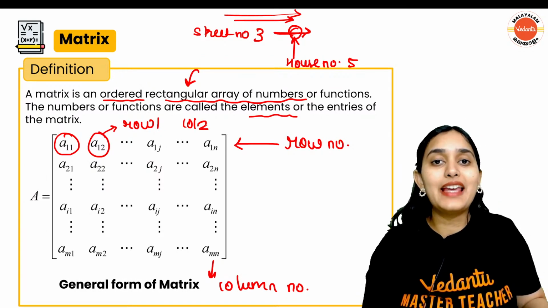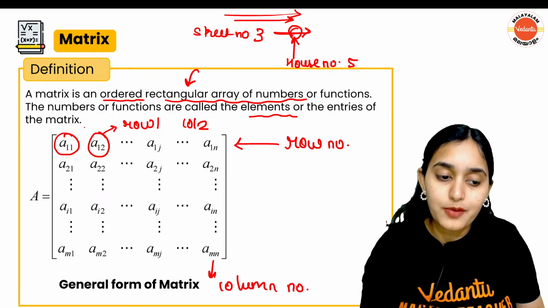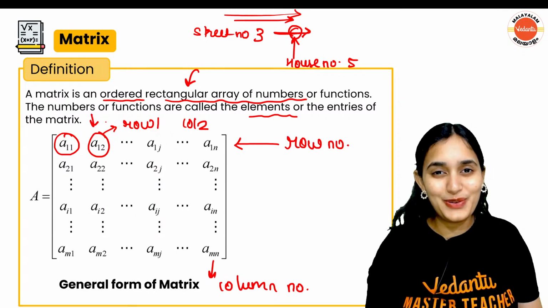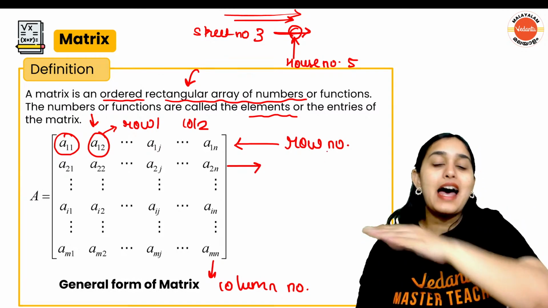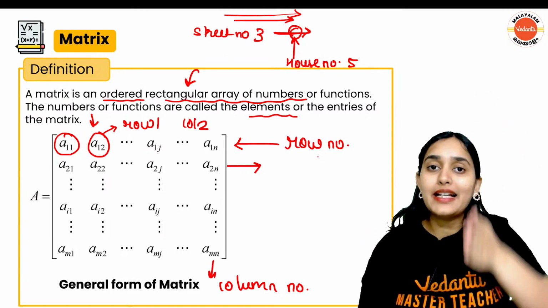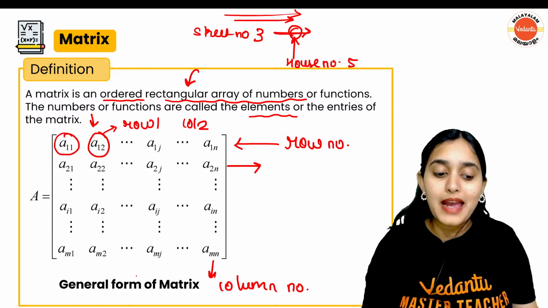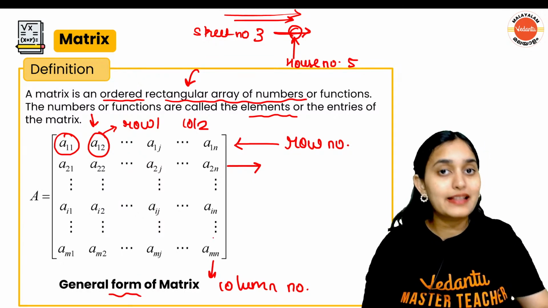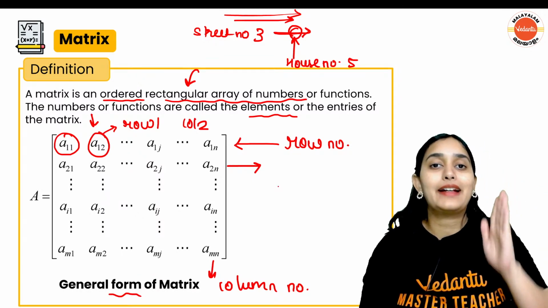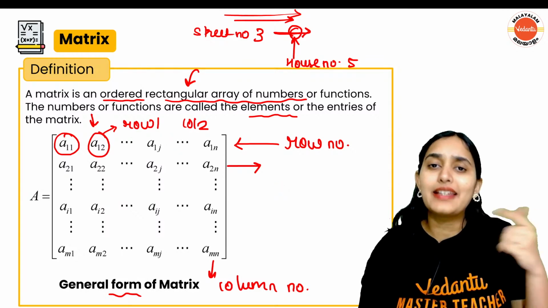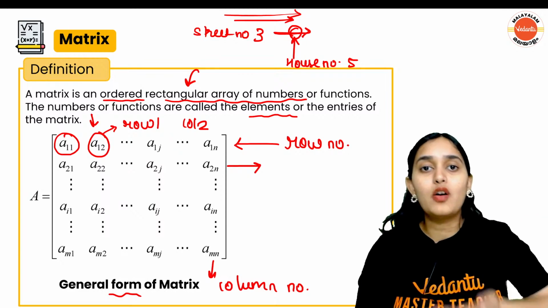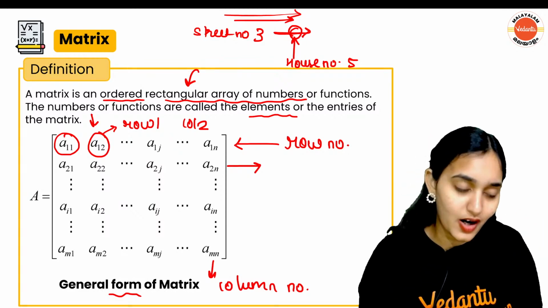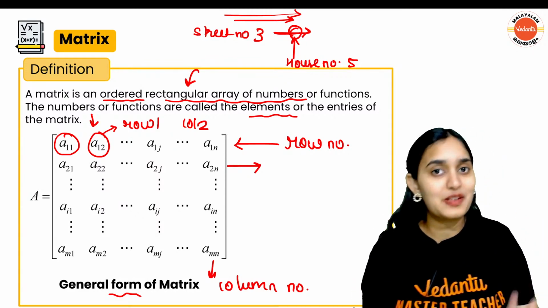So whenever I say the row 1, column 2 element, I am talking about A12. Alright. All the horizontal lines are called rows. The vertical lines are called columns, and this is the general form of a matrix, and it is always a rectangle. Rectangle means it can be a square also, right? But it cannot be a circle, pentagon, or trapezium. No, not all that. Only rectangles or squares.